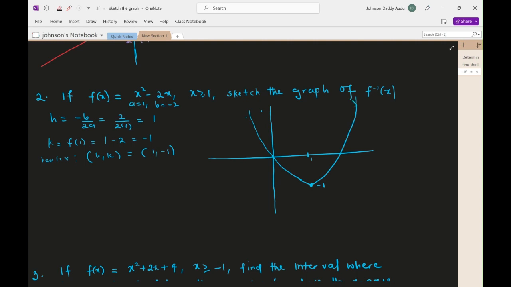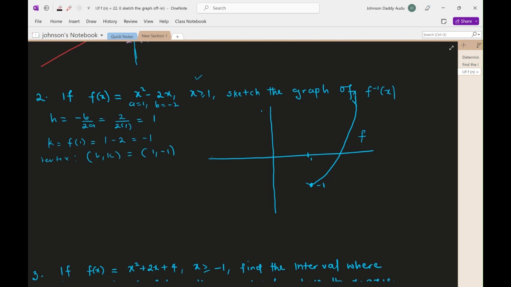So it's a curve. Now, we have a condition, and the condition is that x is greater than 1. So it means we are not interested in the left-hand part, so we can remove this side and just maintain the right-hand side. So something like this. This is the original graph, the graph of f.